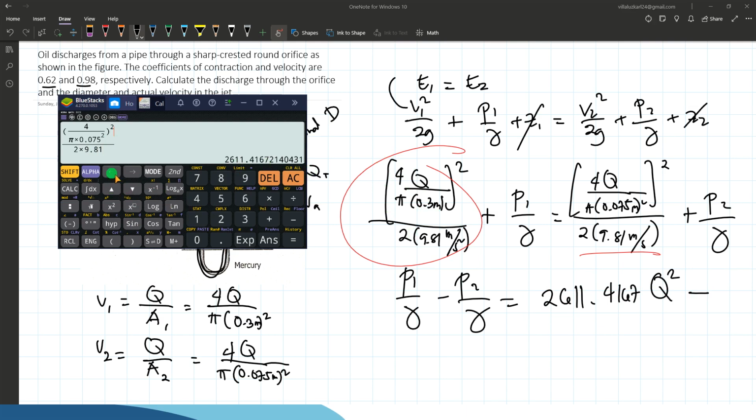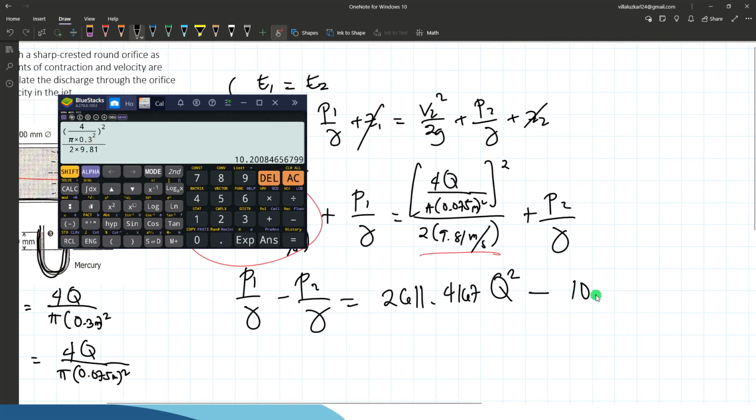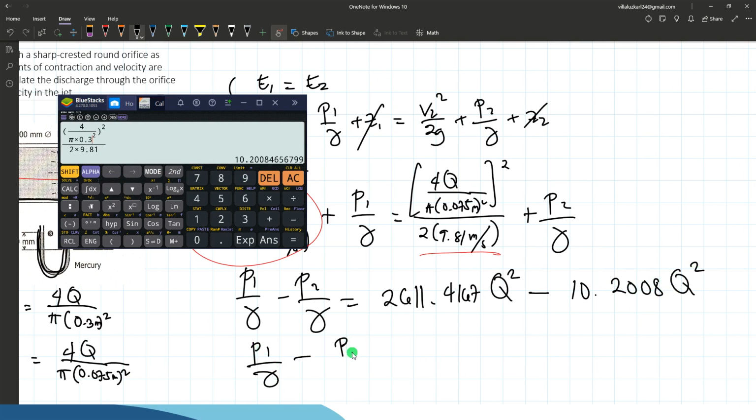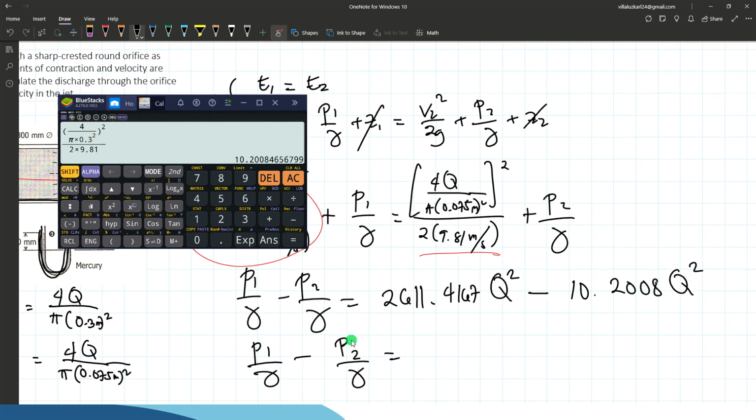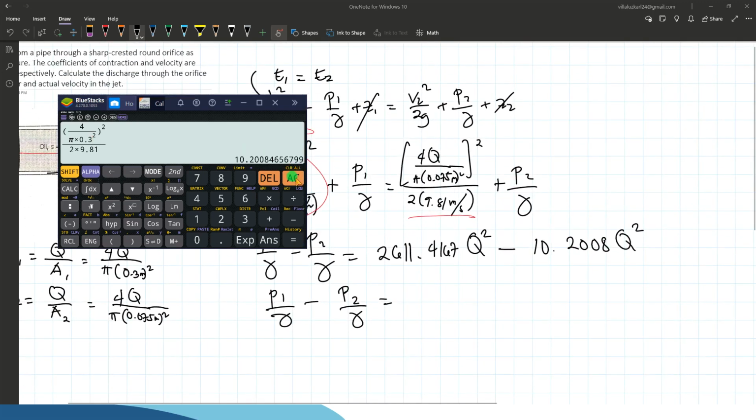Just change the diameter to 0.3, which gives 10.2008 Q squared. So the difference in pressure head, P1 over gamma minus P2 over gamma, is 2611.4167 minus 10.2008.